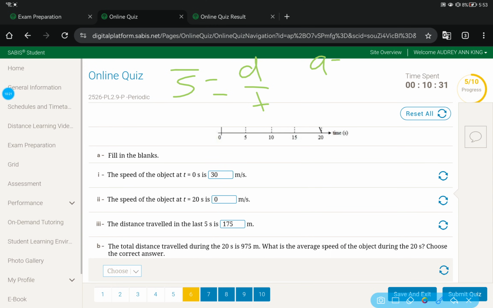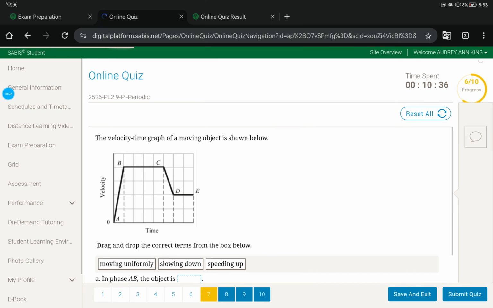So distance over time, so 975 over 20, which you get 48.8.